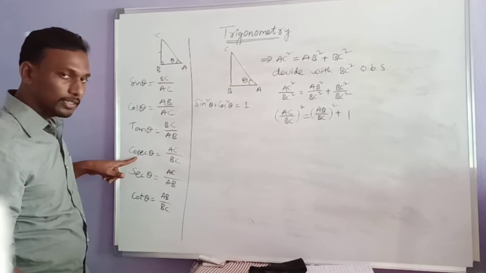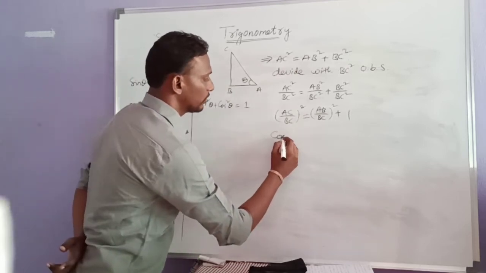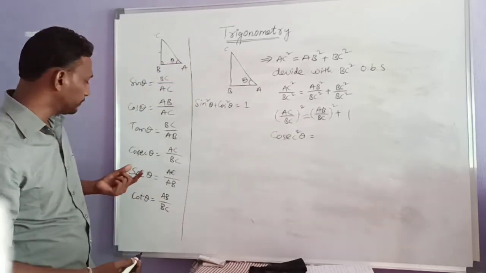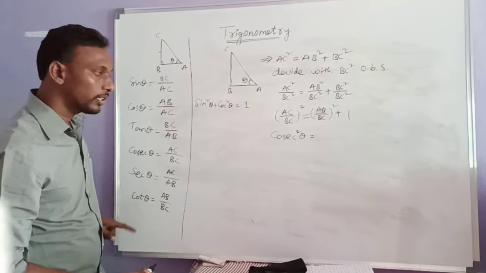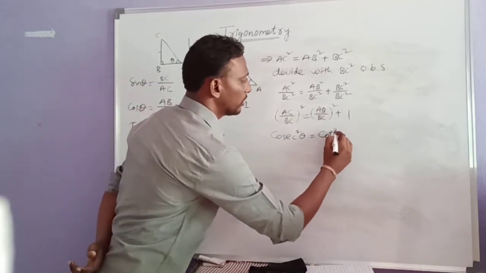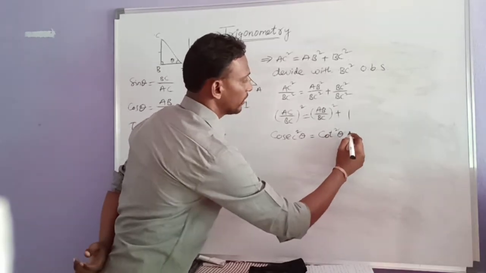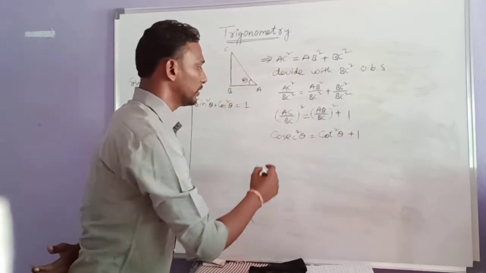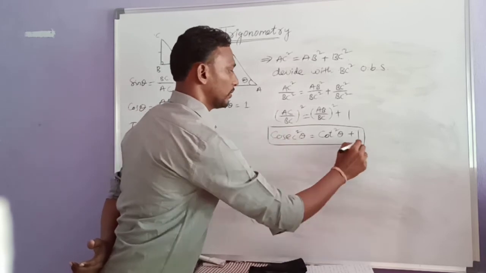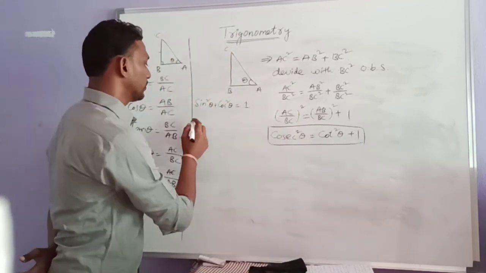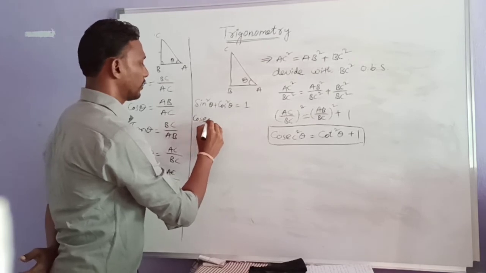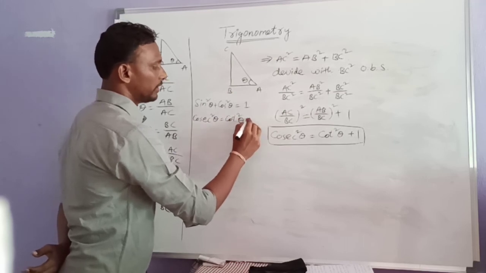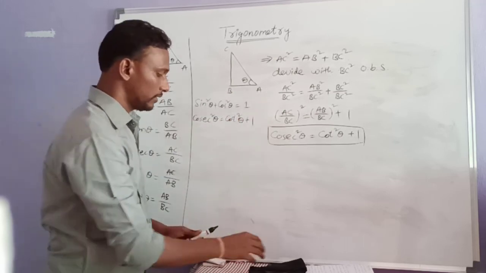AC by BC is nothing but cosec theta, and AB by BC is nothing but cot theta. So the next identity is cosec square theta is equal to cot square theta plus 1, right?